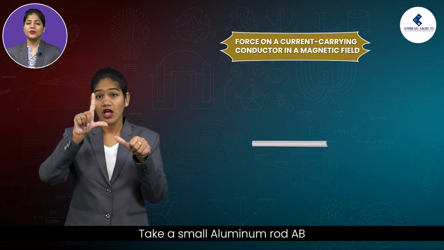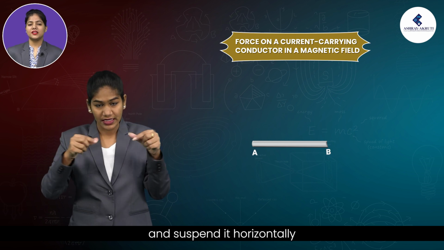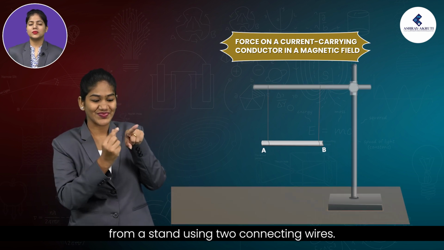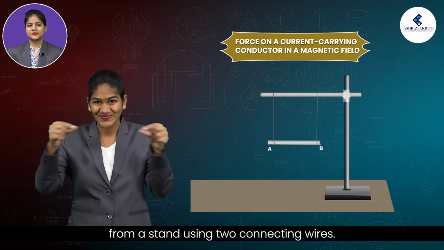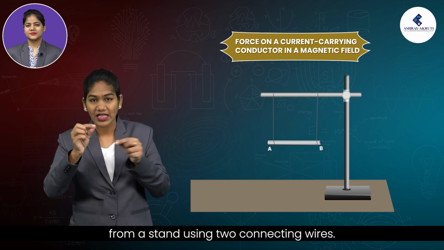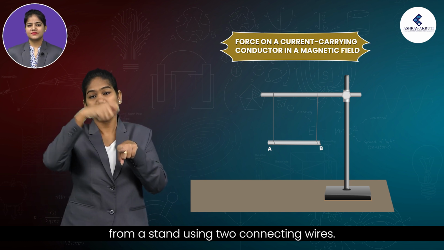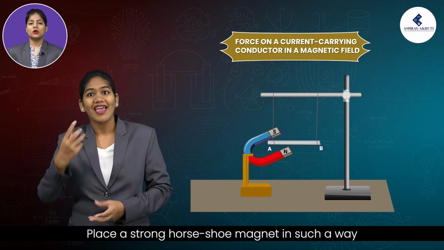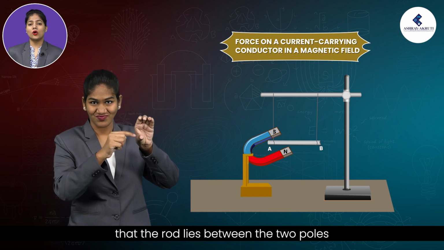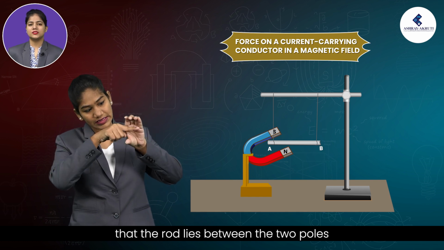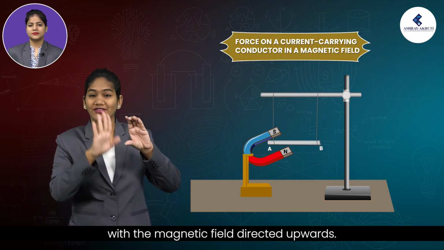Take a small aluminium rod AB and suspend it horizontally from a stand using two connecting wires. Place a strong horseshoe magnet in such a way that the rod lies between the two poles with the magnetic field directed upwards.